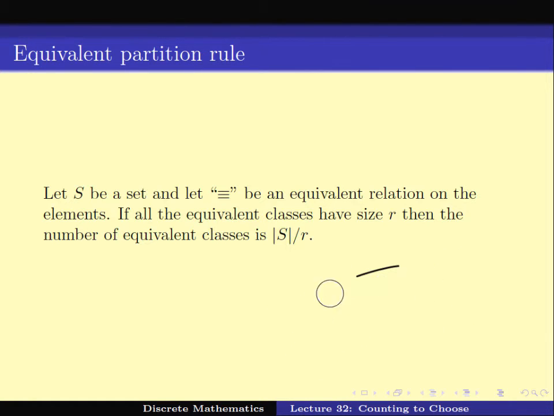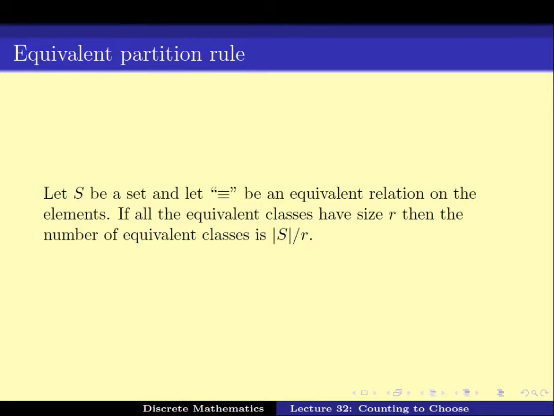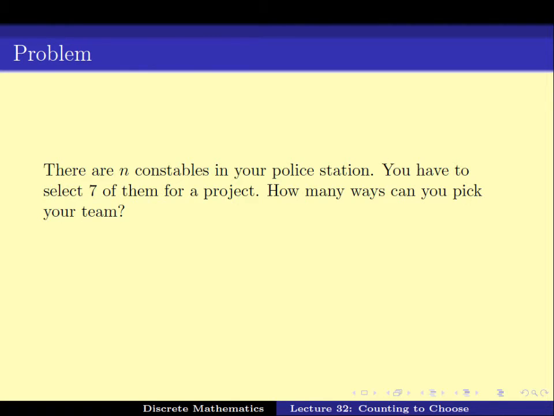So we can use this for counting certain cases. For example, look at this problem. There are n constables in our police station. You have to pick 7 of them for a project. How many ways can you pick your team?